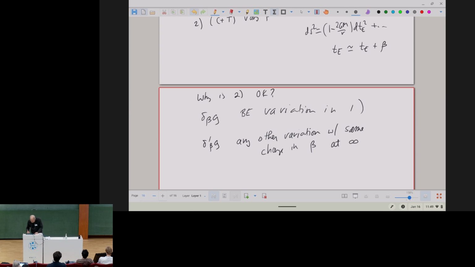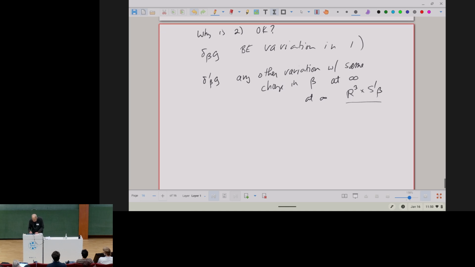In other words, at infinity, we have R3 times S1 beta. So let delta prime beta be any change in the metric which at infinity looks like a change in this parameter beta in the metric at infinity. But we do anything we want in the interior. These are first order changes in the metric, right?